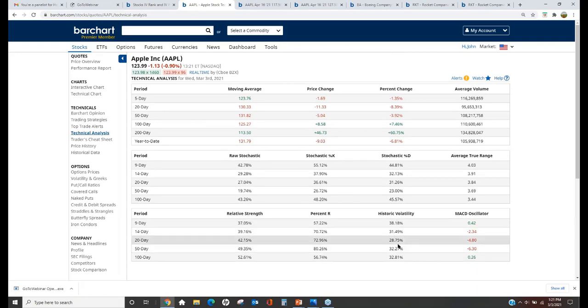Again, we said that 20, 50, and 100 day, and you can see that our 50 and 100 day was closer to 32%, and that when we looked at that slide where we looked at the volatility from Friday, we were in 28 or 27%, I think it was. Okay, so that told us that in terms of our historical, we're seeing cheaper values.